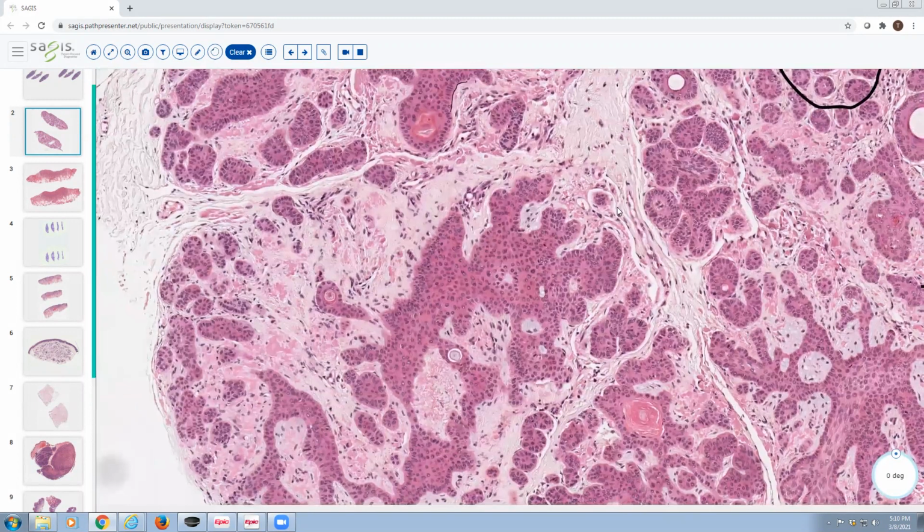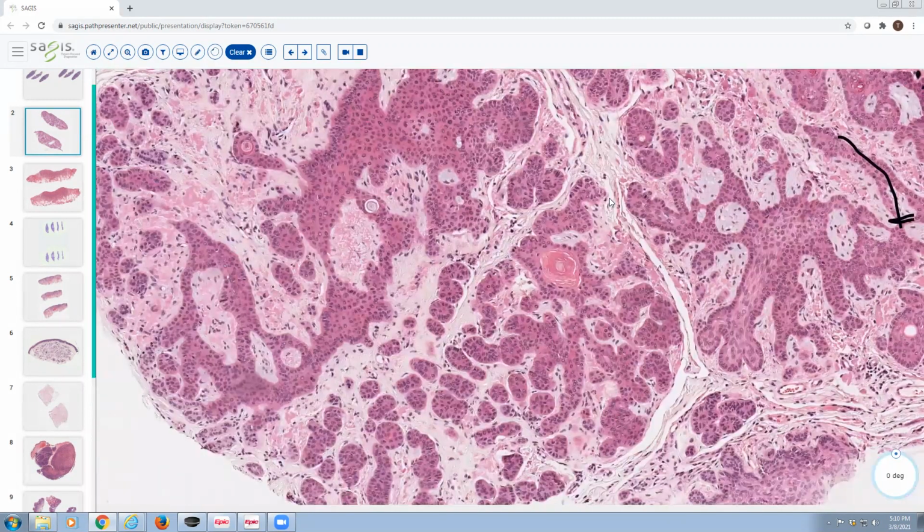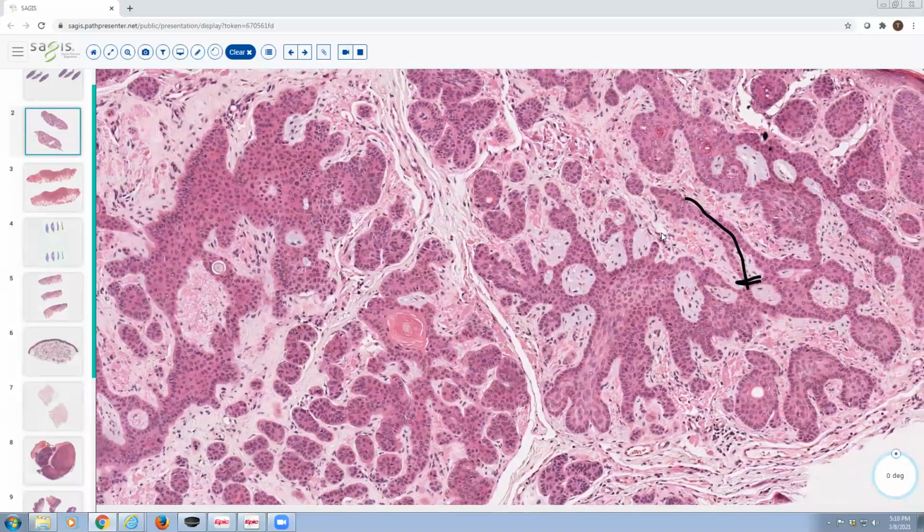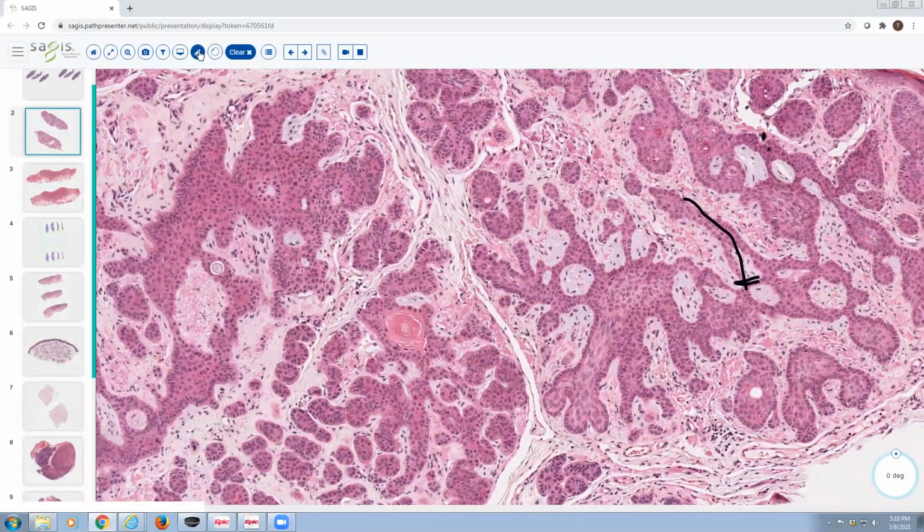And then anytime we're looking at adnexal neoplasms and trying to distinguish them from carcinomas, we really want to look not only at the epithelial part, but also at the stroma. So the epithelial part is the part that's made up of the cells, the keratinocytes. Then the stroma is the intervening connective tissue.